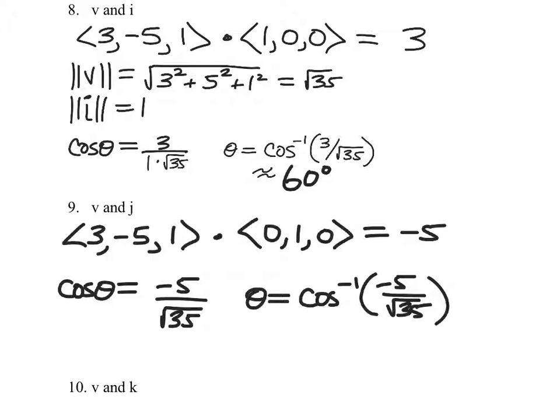All right, so inverse cosine of -5 over the square root of 35. Close them up, hit enter. And we're talking about roughly 148 degrees.